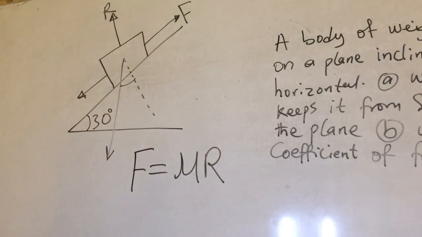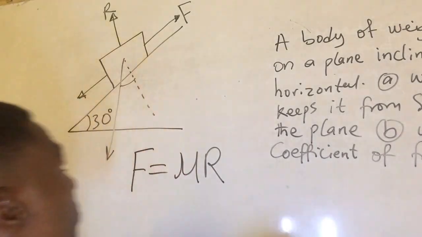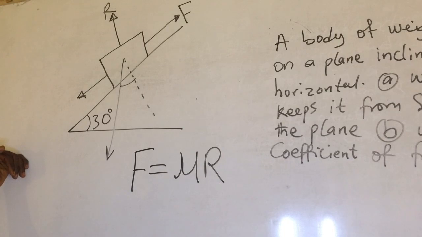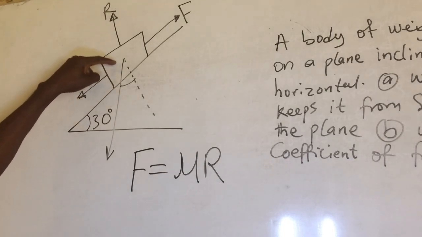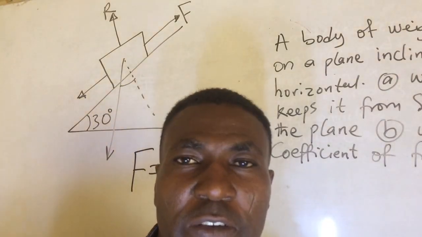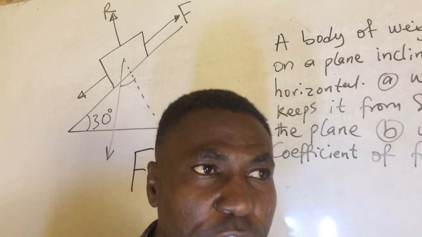So the question now says, what force will keep this object from sliding down? The force that will keep it from sliding down is frictional force, because frictional force opposes motion.